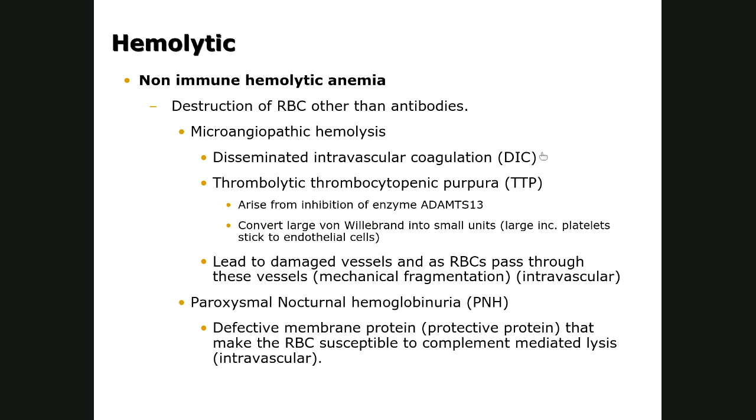The endothelial lining should be nice and smooth, but you start to see this coagulation, also known as consumption, because it's used up all the factors that are important for coagulation. But you start seeing these coagulated clots, and as the red blood cell passes through that, that's how you destroy it.